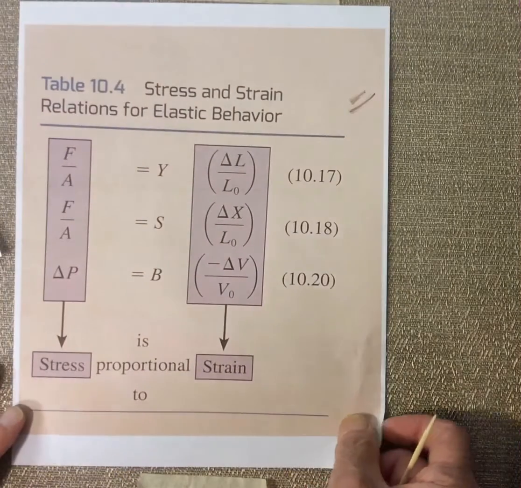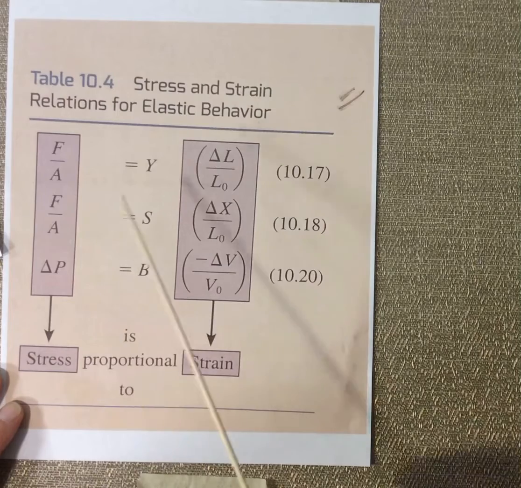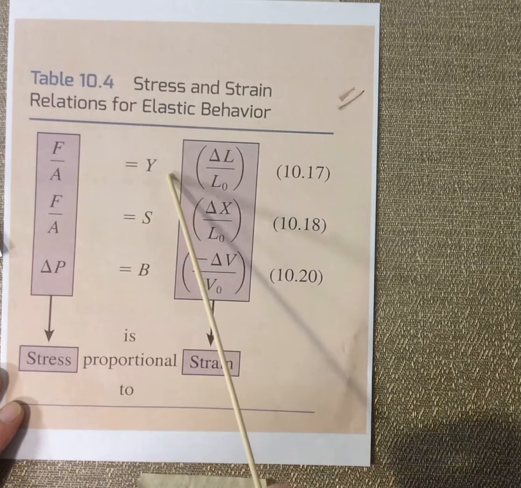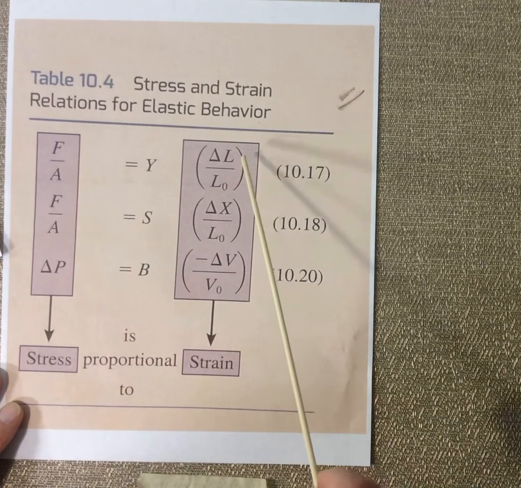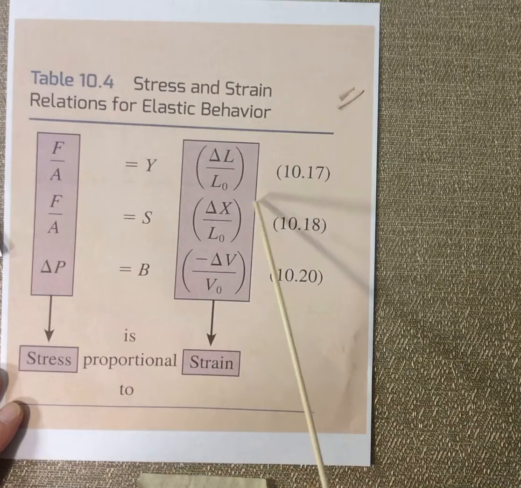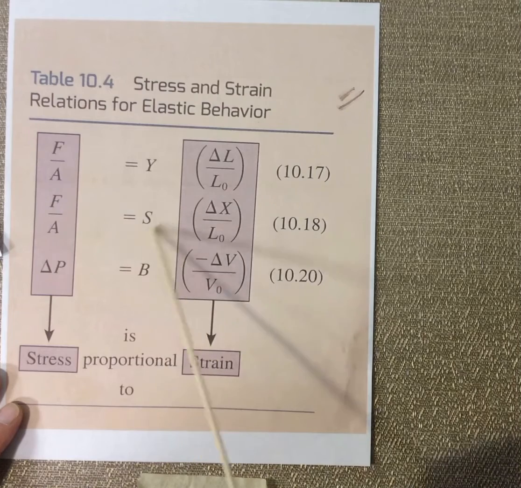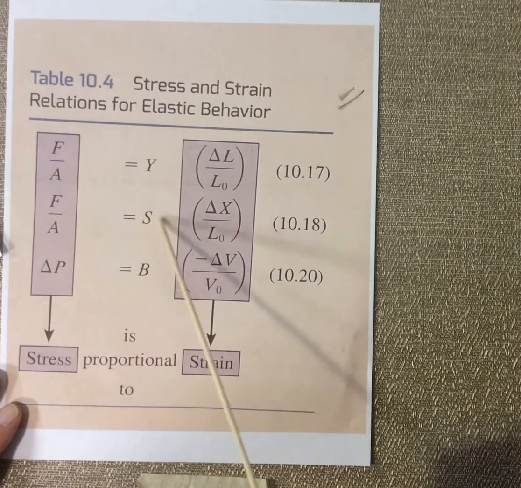Now look at this equation we have. Okay, first equation: force divided by area equals Young's modulus Y times delta L divided by L0. Then we have for S, which is the shear modulus, delta X over L0 times this constant, which is the shear modulus.